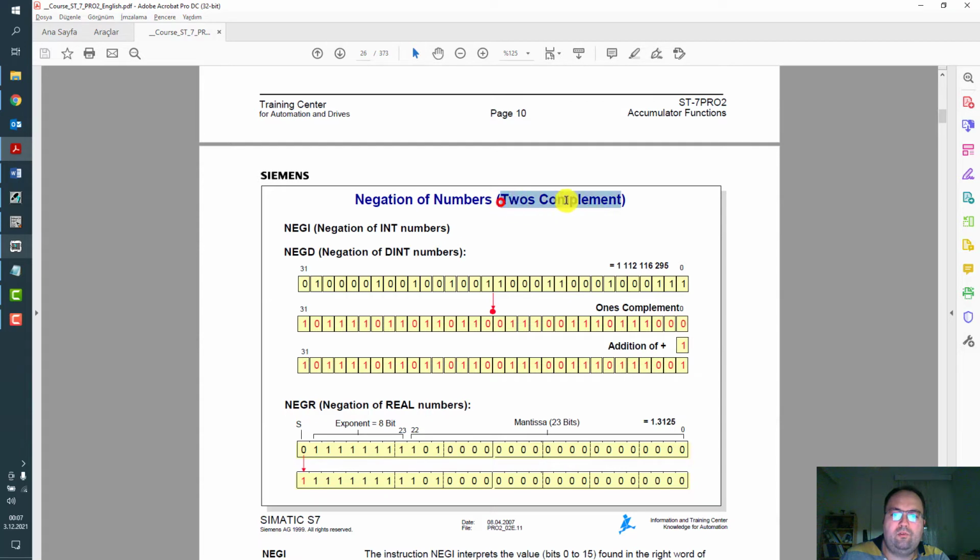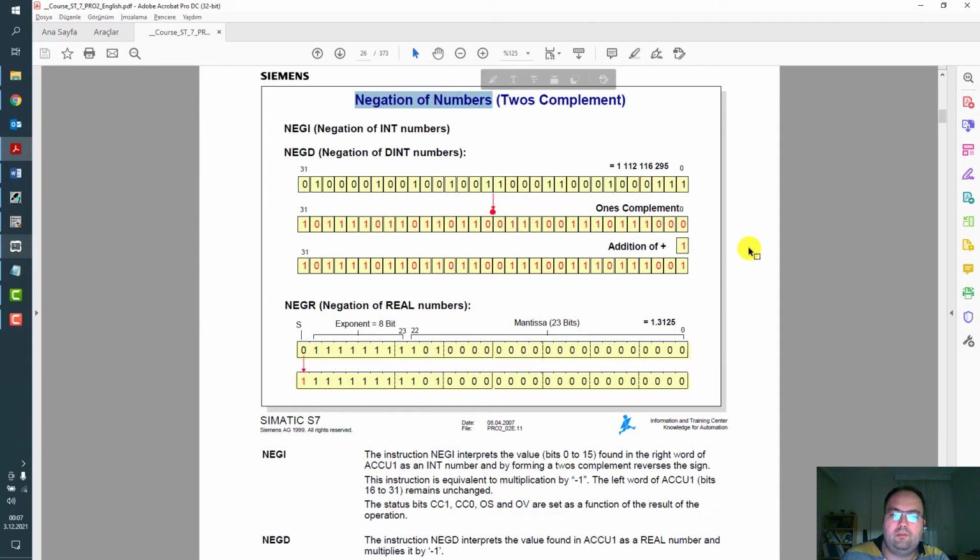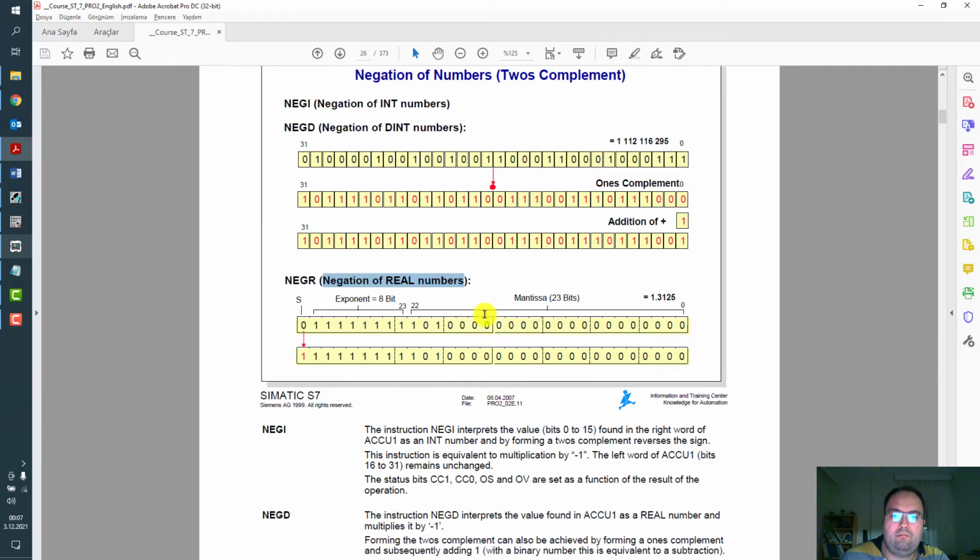And the two's complement, that means negation of numbers like this, is also possible with real numbers for the exponent side, and the mantissa side stays the same.